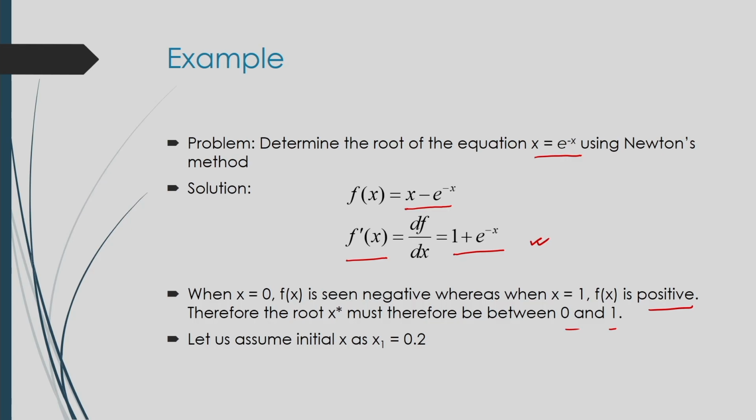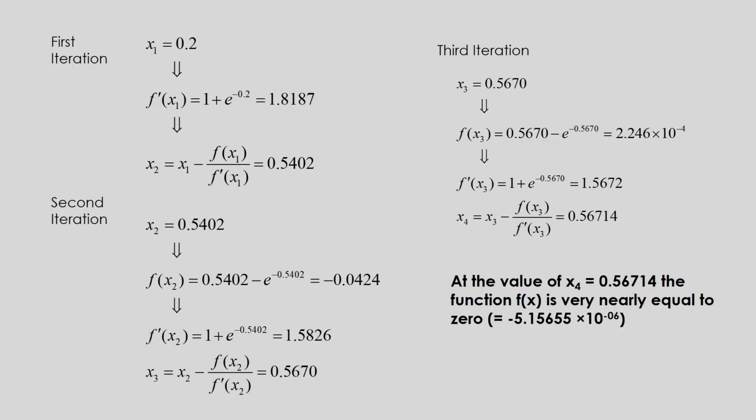So in this case, if we assume that the initial value of x as x1 is equal to 0.2, then in the first iteration with this x1 equal to 0.2, we can write f dash x1, that means the first derivative of that function at this point x1 equal to 0.2, it will come 1 plus e to the power minus 0.2, that means here 1.8187.